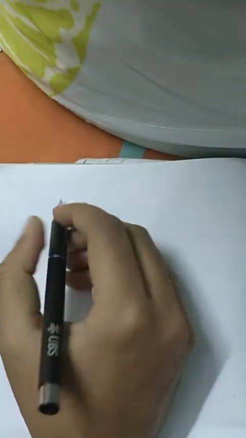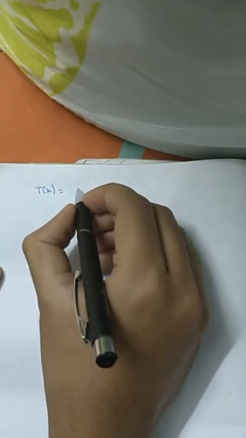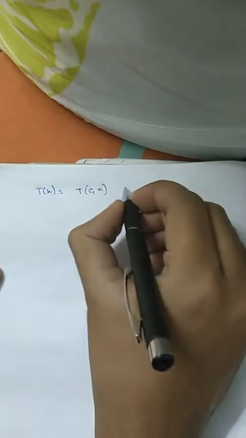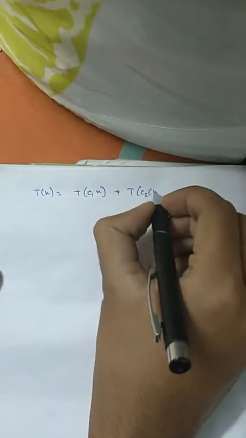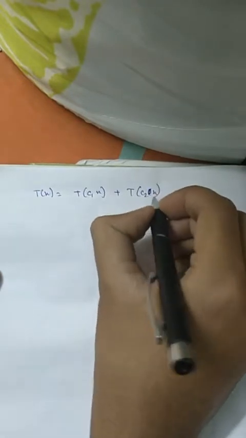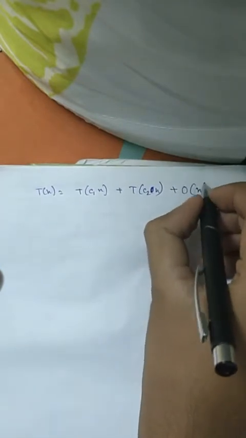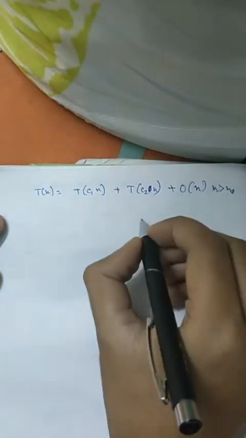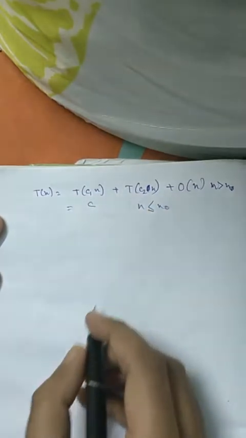While doing an analysis of a recursive algorithm, we might get a recurrence relation such as T(n) equals T(c1 n) plus T(c2 n) plus order of n if n is greater than some n naught, and for n less than or equal to n naught, some constant c.